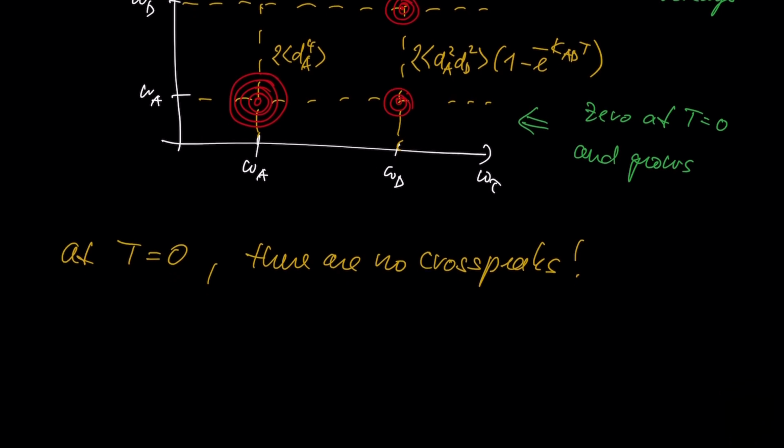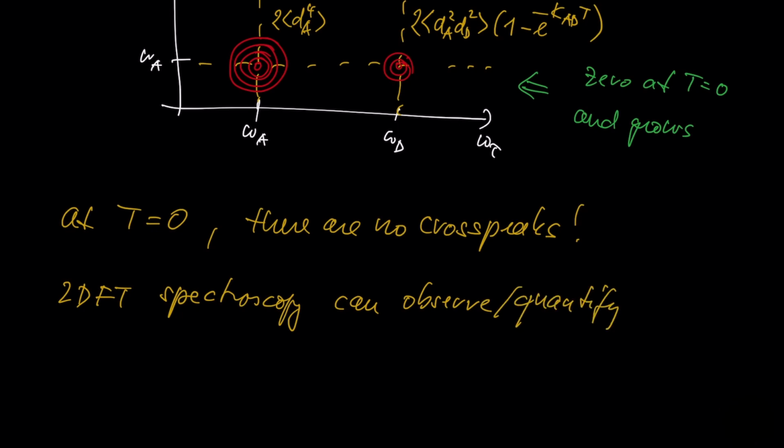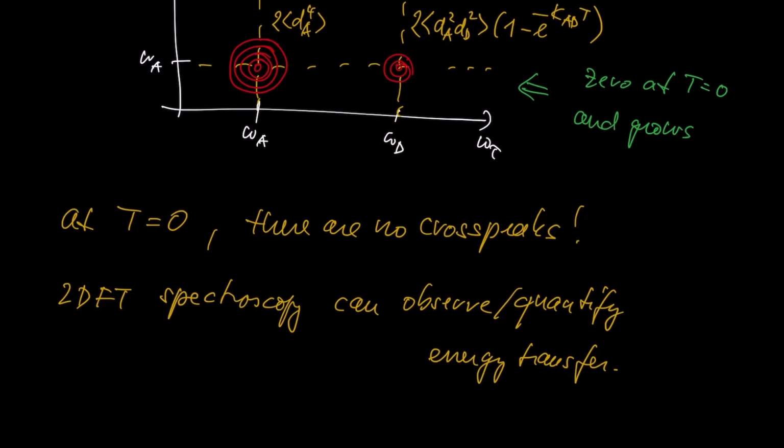Okay, so now we can see that 2D Fourier transformed spectroscopy can observe, quantify energy transfer. The energy transfer always looks like a transfer of the peak amplitude from a diagonal to an off-diagonal position, because energy transfer is when you excite on one frequency and you emit on another frequency.